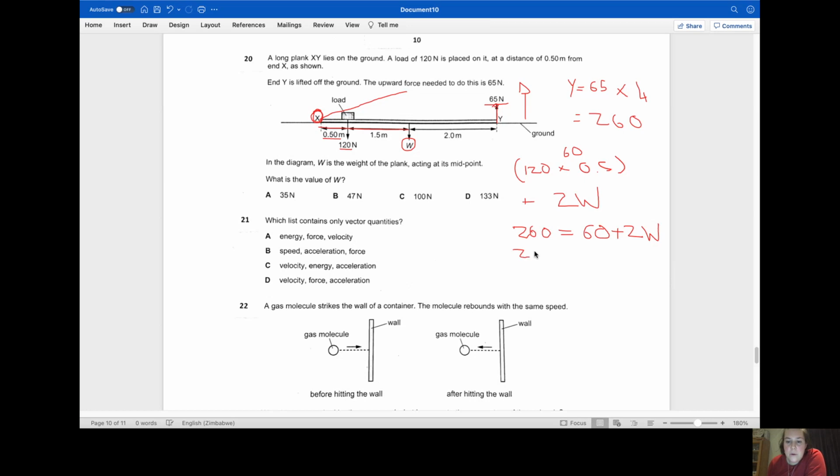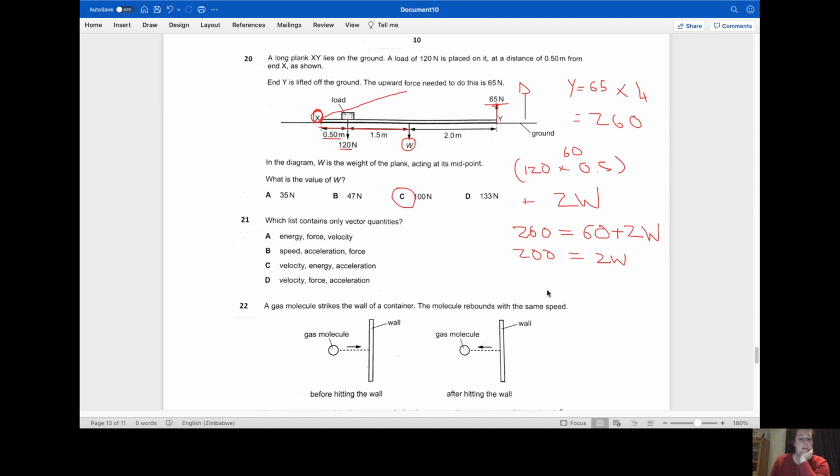If you work all that out, you get 200 equals 2W, so W is 100 newtons. So that was quite a long question, and you really had to think and add your distances, and always remember it's the distance from the pivot. And in this case the pivot is X. Your bar is going up like that.